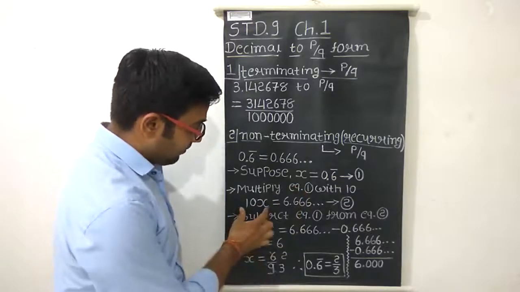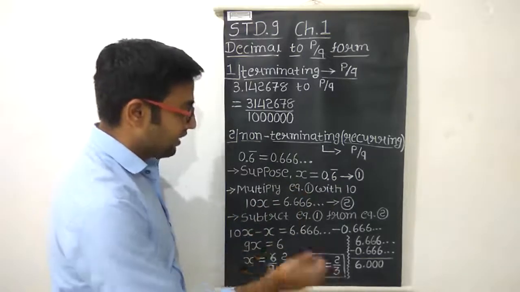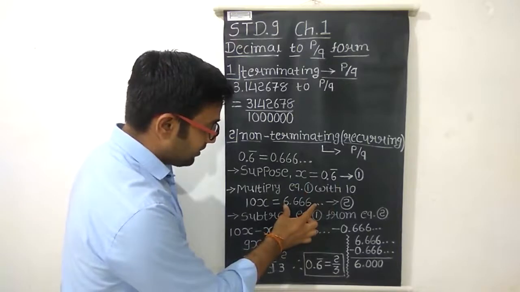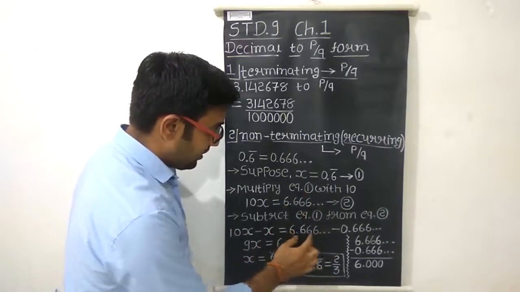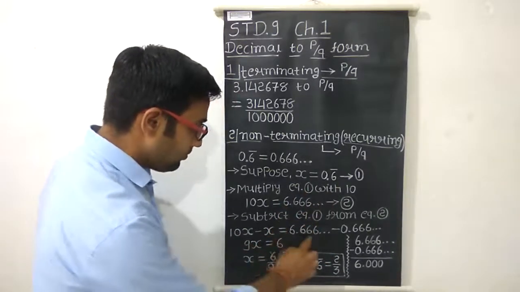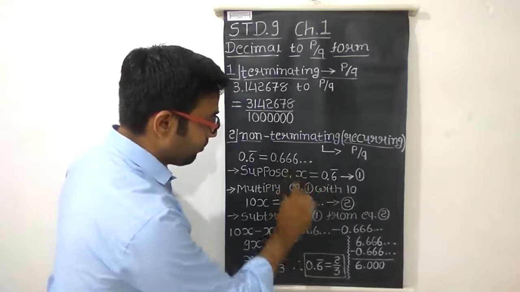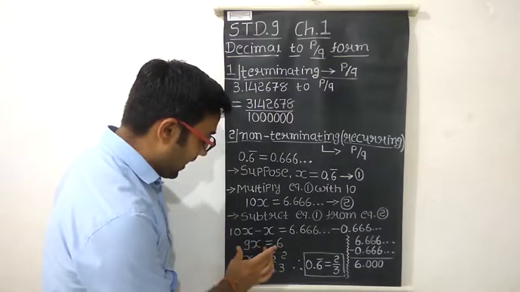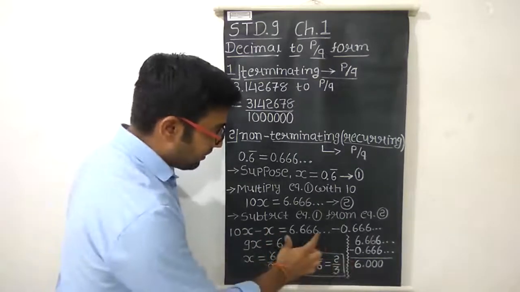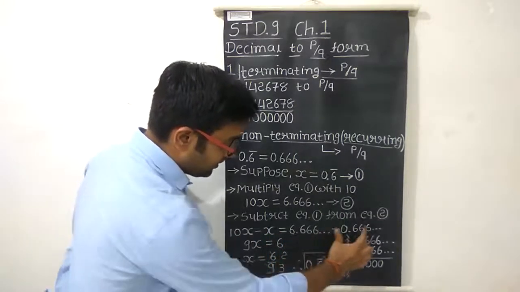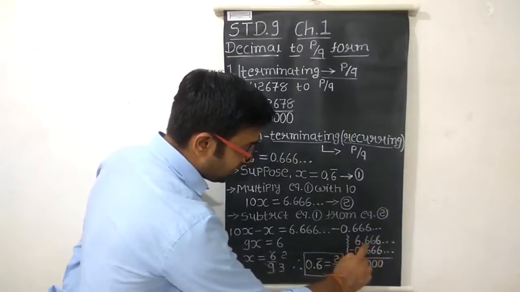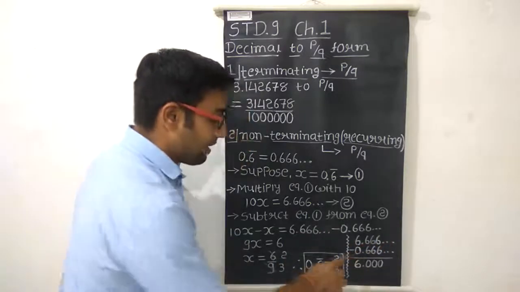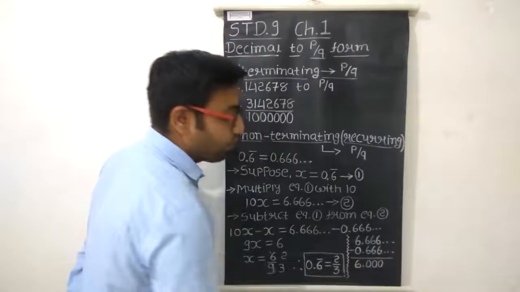So on the left hand side we get 10x minus x, and on the right hand side we subtract 6.666 minus 0.666. Now on the left hand side we get 9x, and on the right hand side we get 6. See, this is the subtraction, 6.666 dot dot dot minus 0.666 dot dot dot.